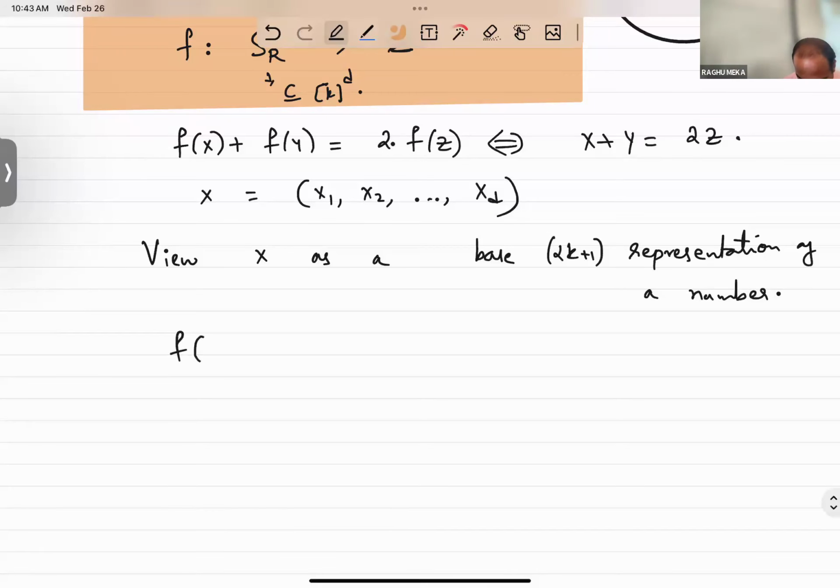So we are saying f of x is exactly the summation i equals 1 through d. Okay, so this is the map. I'm going from x, which is a vector, to this.